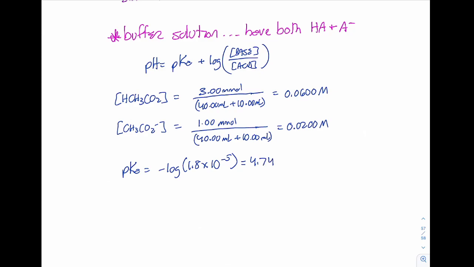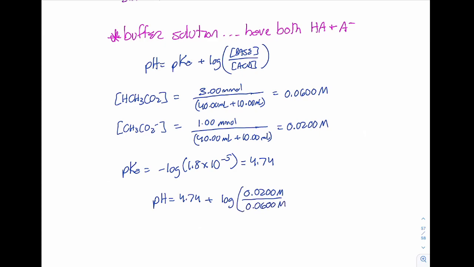And we can now plug everything in. So my pH is going to be equal to my pKa, which is 4.74, plus the log of 0.0200 molar over 0.0600 molar.